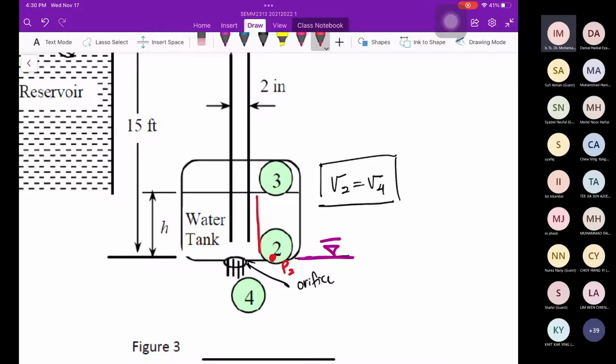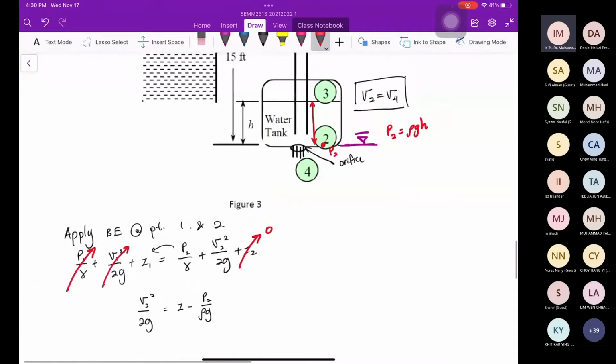Definitely you have the height of water. So pressure at point 2 is rho G H, right? The H is given.